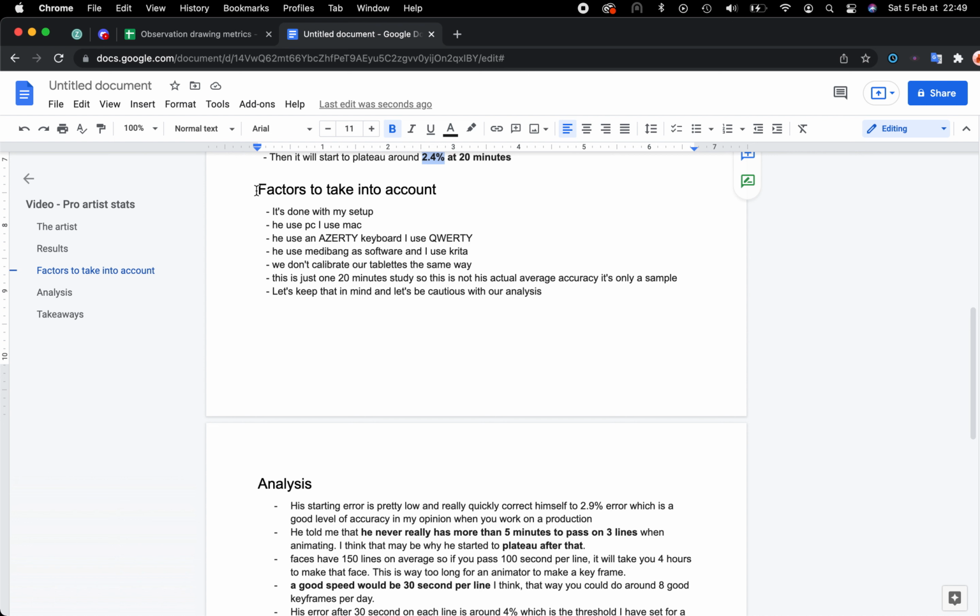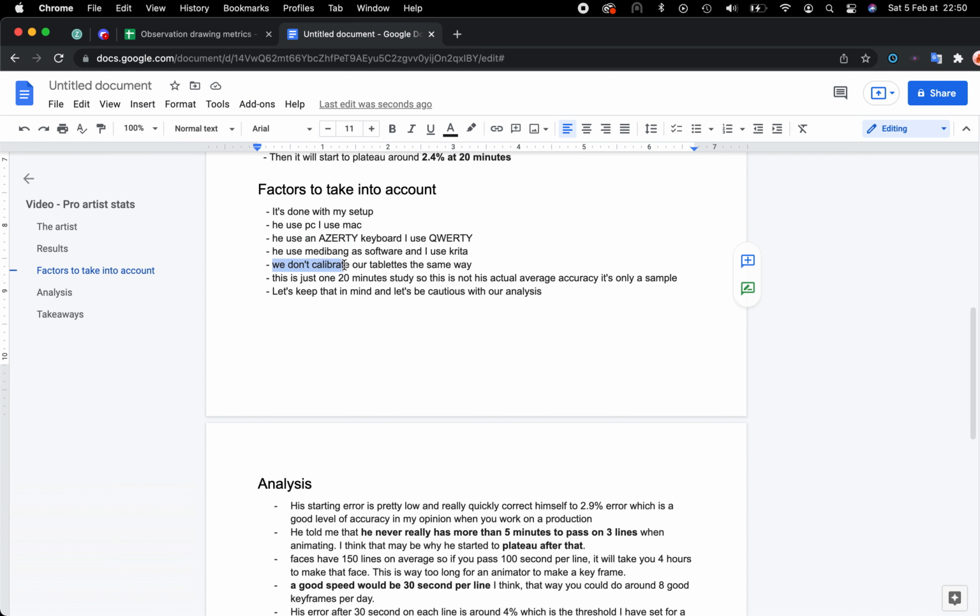Just before that, I want to tell you about the factors that we have to take into account. It was done with my setup. On my computer I use a Mac and he uses a PC. I use an AZERTY keyboard and he uses a QWERTY keyboard. He didn't use the same software, he used Medibang and I use Krita.